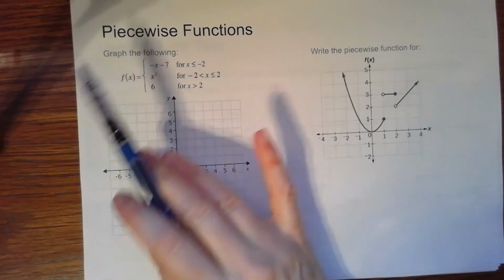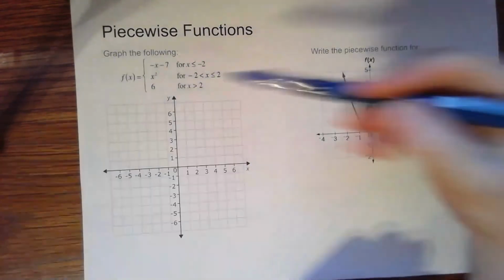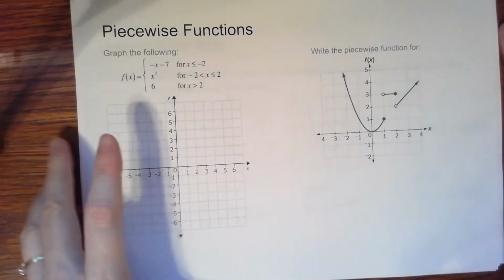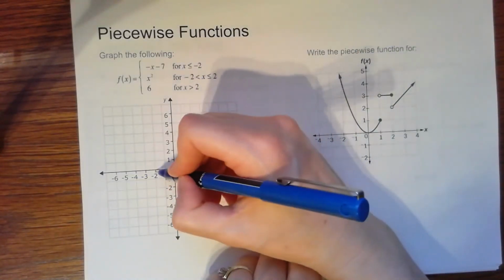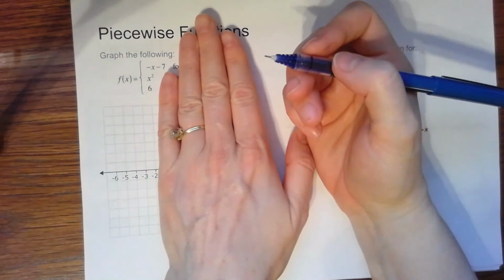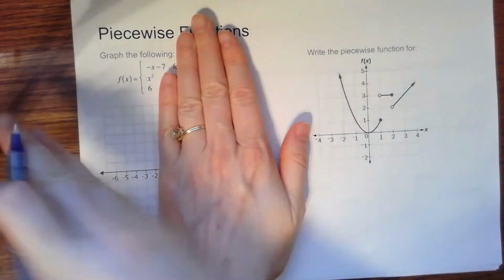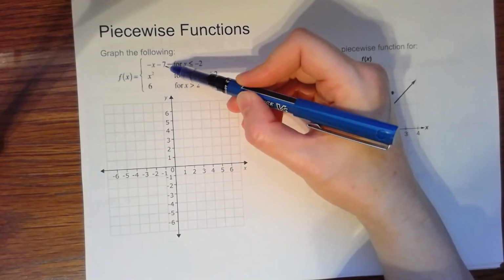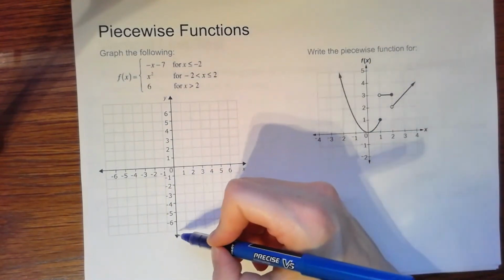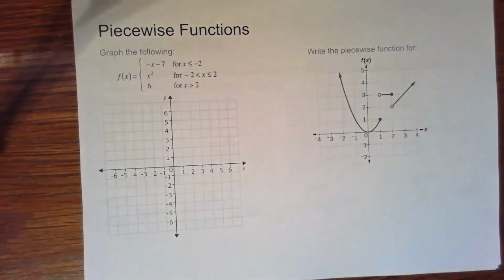So if we were going to graph this, we've got to do these in little pieces. So let's look at from -2, so here's -2. Basically just ignore the rest of it, but from there it's going to look like negative x minus 7. So negative x minus 7 would be down here.